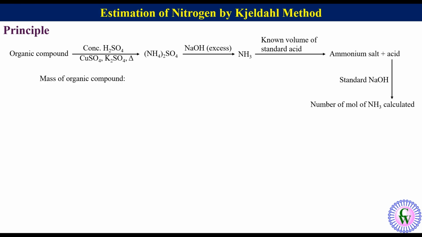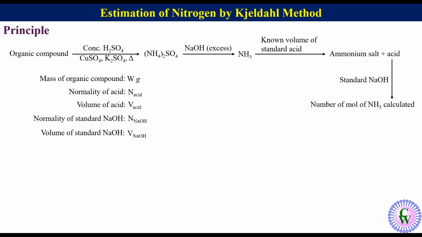Suppose mass of organic compound is capital W gram. Normality of acid is N acid. Volume of acid is V acid. Normality of NaOH in back titration is N NaOH and volume is V NaOH.